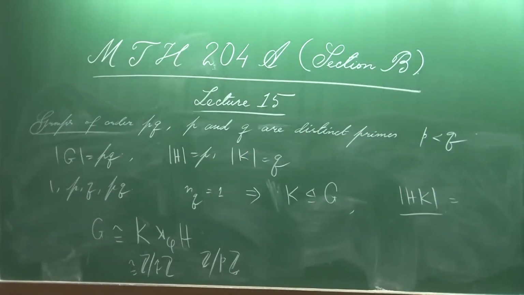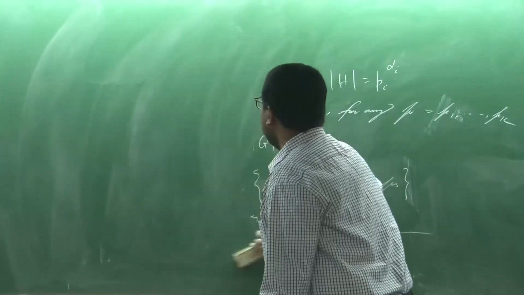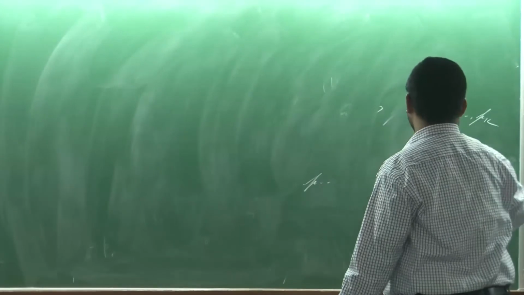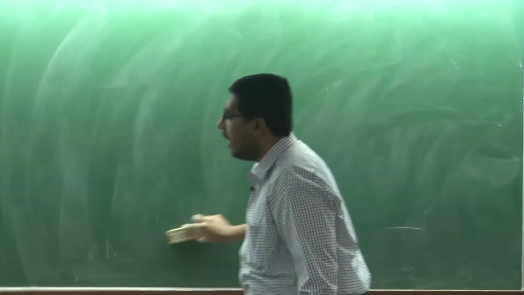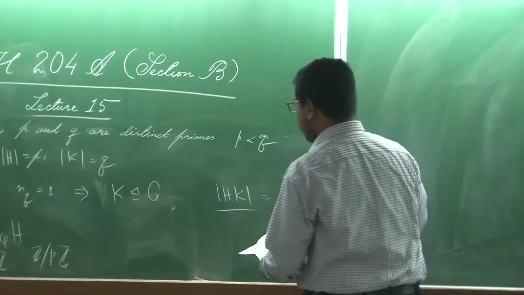So thus by classifying all possible semi-direct products, we can classify all groups of order pq for given primes p and q. Now let us see the following.